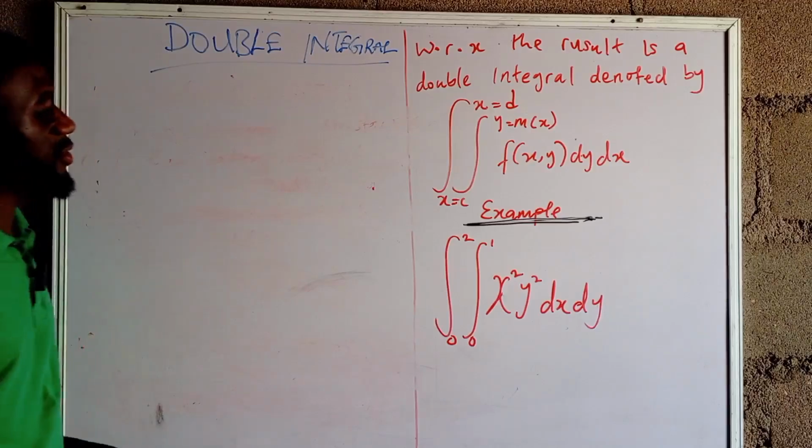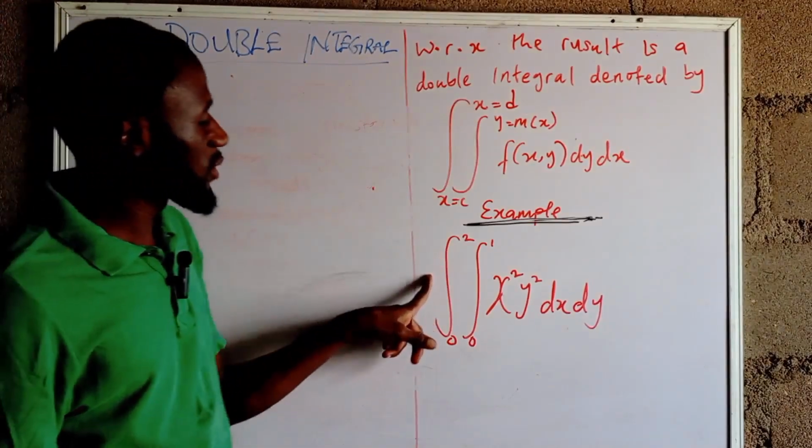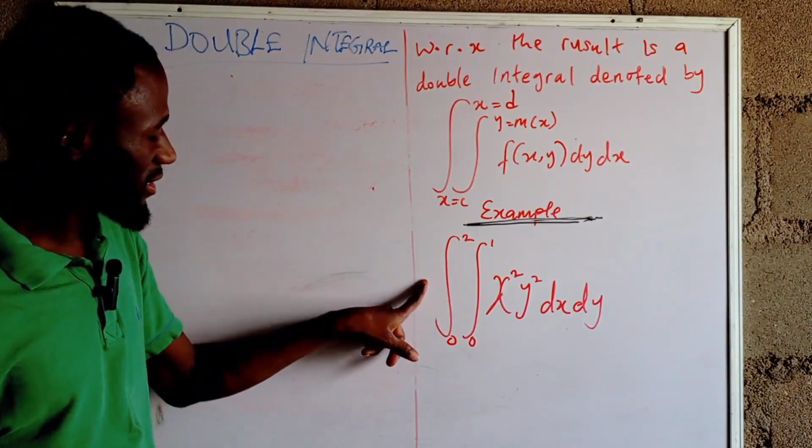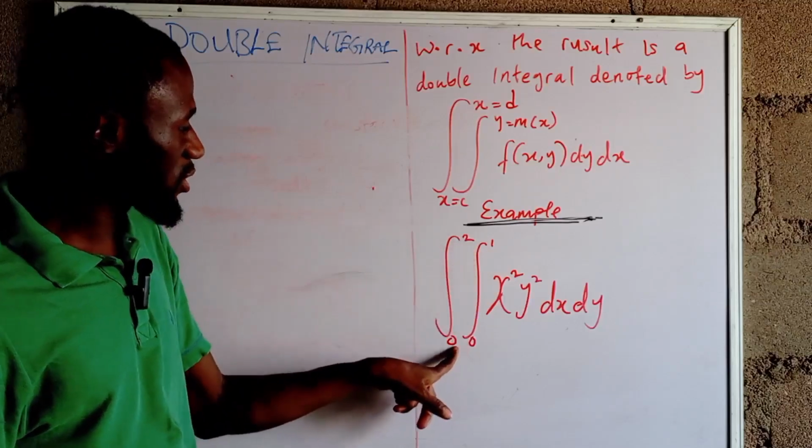This example says we are to integrate this double integral, with limits from 0 to 1 and 0 to 2.